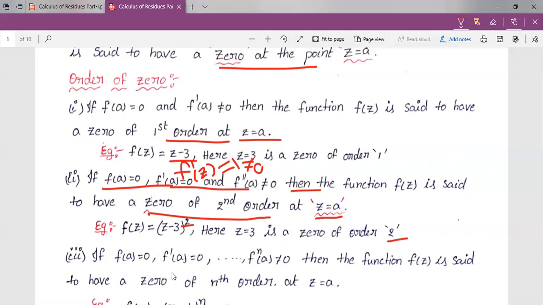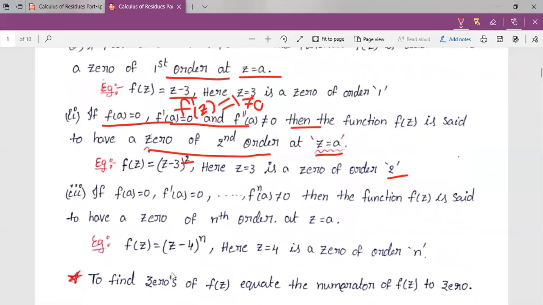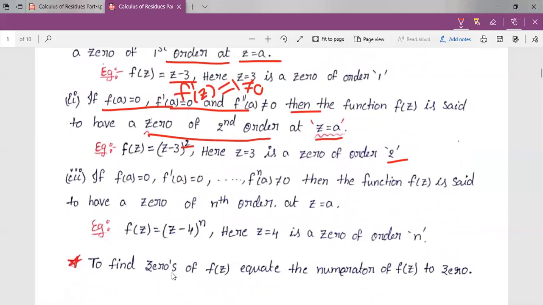In the same way, we consider the nth order zero. The conditions are f(a) equals 0, f'(a) equals 0, and so on, and f to the power n of a is not equal to 0, which means the nth derivative of f at z equals a is not equal to 0.